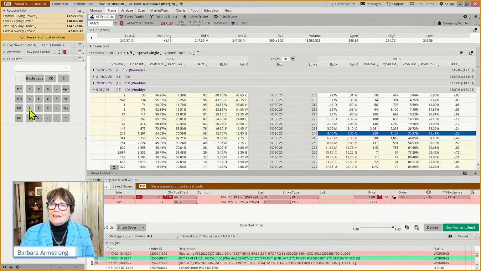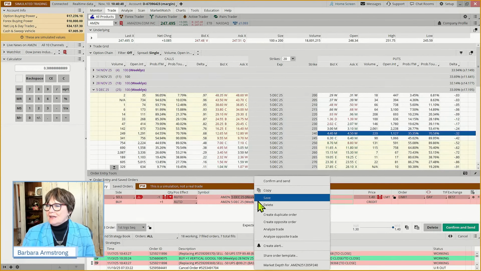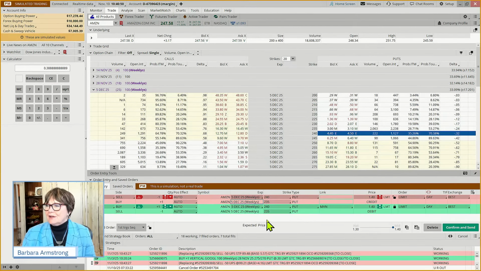And again, by now we kind of know, 140 divided by 360. 38%. Are we good? We're good. Is that more than 25 days or 25%? It is. So repetition, the mother of all learning, right? Right click, first trigger sequence, create opposite order, 28 cents.